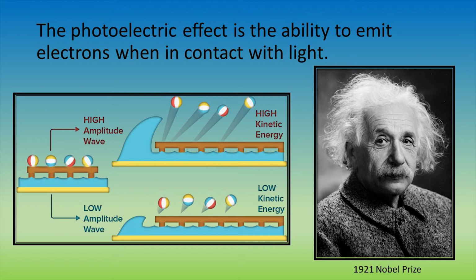Kinetic energy is half the mass multiplied by the velocity squared. The higher the amplitude of the light wave, the more kinetic energy the electrons will have. You could think of these interactions as waves of different height or amplitude hitting beach balls off the dock. The higher the wave, the faster the balls will move.